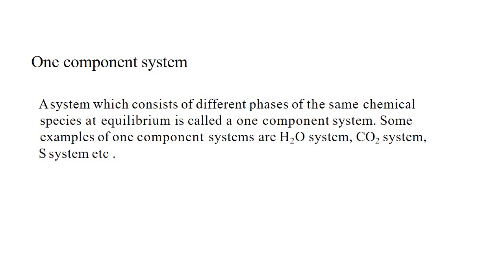The chemical species present in the system is the water. Solid water, its formula is H2O. Liquid water molecule, formula is H2O, and the gas phase molecule, its formula is H2O. So this is one component system which exists in 3 phases, which are the liquid phase water, solid phase water, and a gaseous phase water.